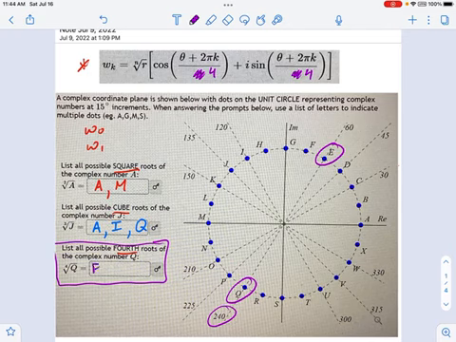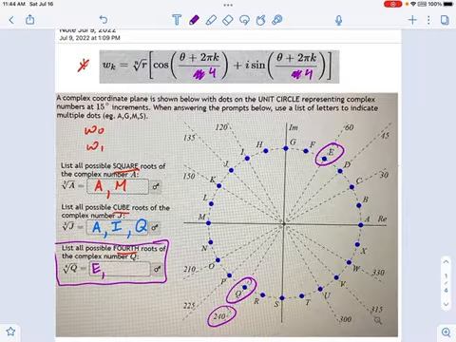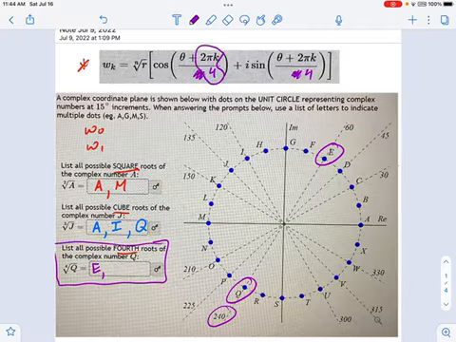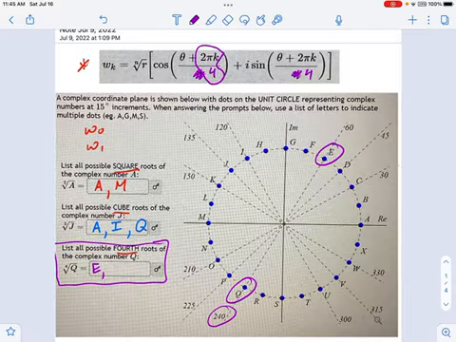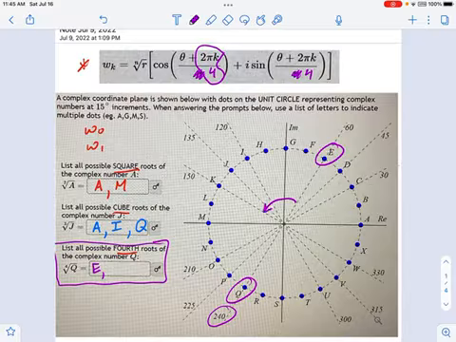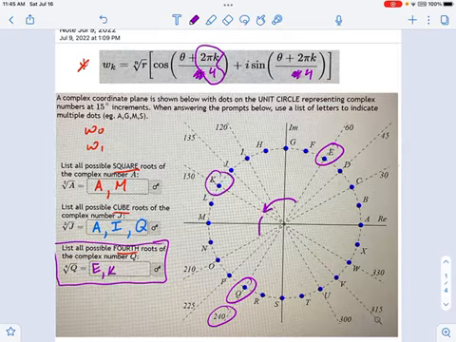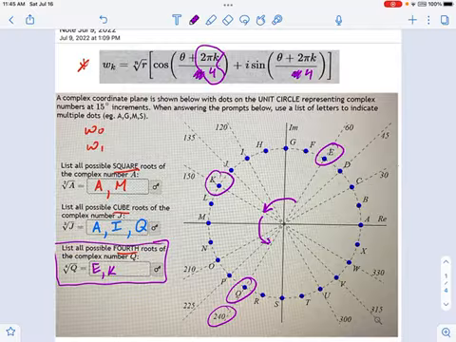That's our first root. And now each successive root is going to add how much to it? Well, 2 pi k over 4. K is just going to be 0, 1, 2, 3. So we're really just adding 2 pi over 4 to each one. That means pi over 2, which is 90 degrees. So the first root goes 90 degrees this way, to K. Second root, another 90 degrees, and we get to Q again.